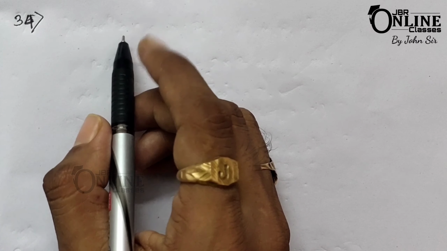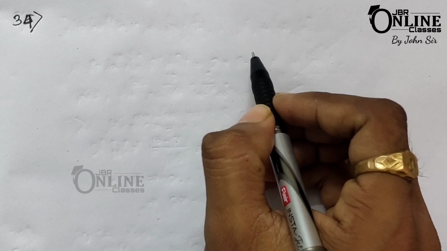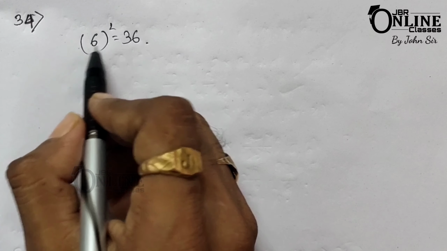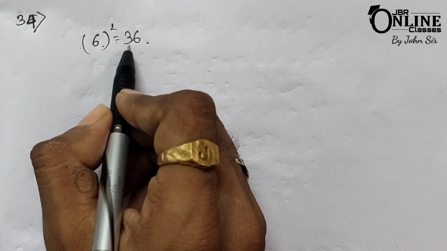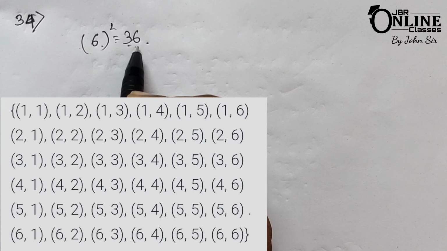So in our dice there are the numbers 1 to 6. That means the other dice also has 1 to 6. The total number of sample space equals 6 square, and that equals 36. And the sample space is on your screen. That is 1 1, 1 2, 1 3, like that up to 6 4, 6 5, 6 6.